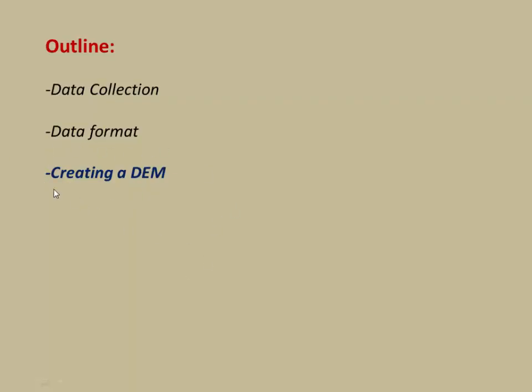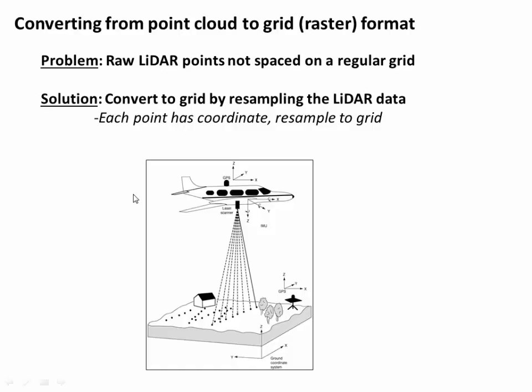Okay, so now let's say you want to take that LiDAR data and make it into a digital elevation model, or a DEM. Remember the fundamental problem we're facing here, which was that the LiDAR shot points are not spaced on a regular grid. They were collected as the laser rastered back and forth, zigzagging.